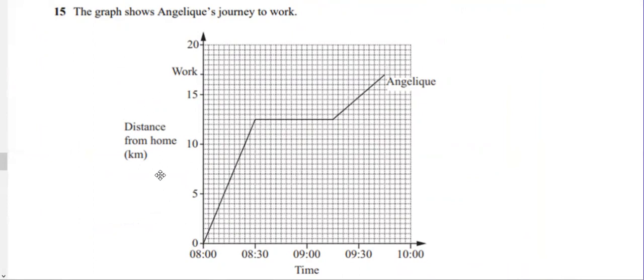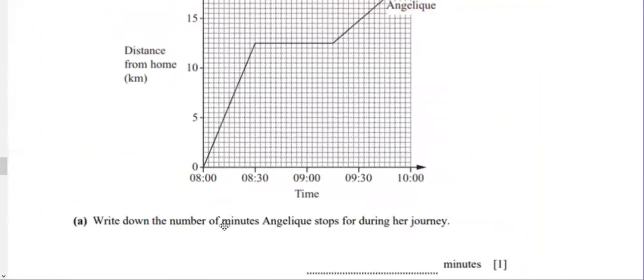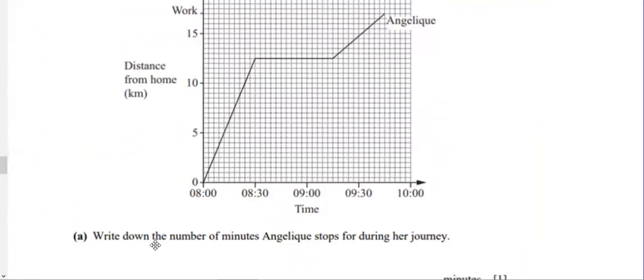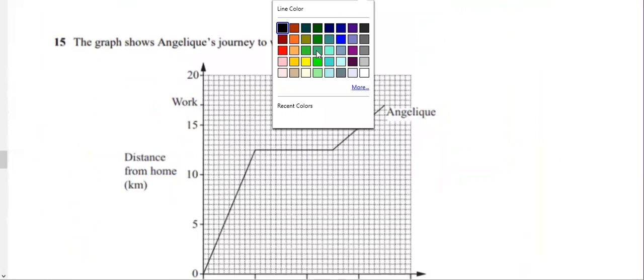Okay, now what is the question? The question is, write down the number of minutes Angelic stops for during her journey. Okay, so we are supposed to write down the number of minutes Angelic stops. Now which part on this graph shows that Angelic was resting?